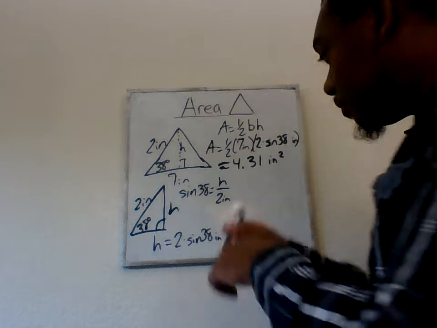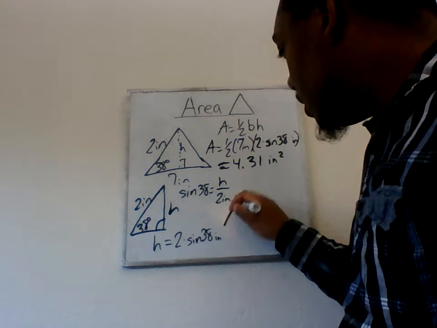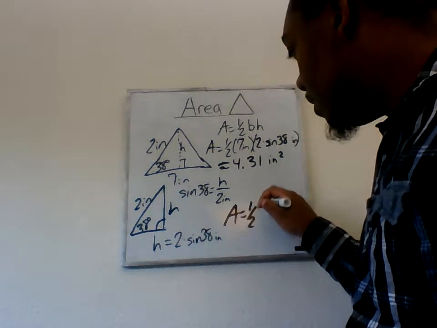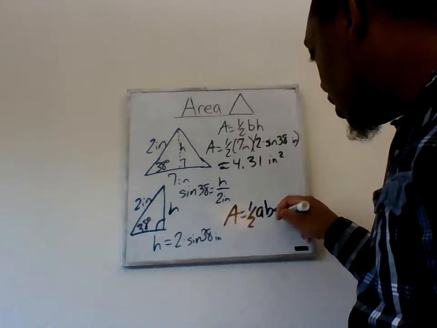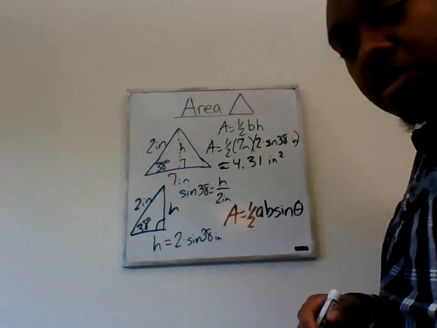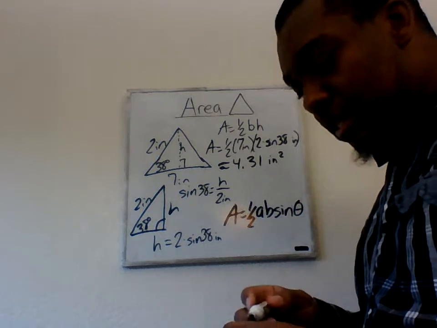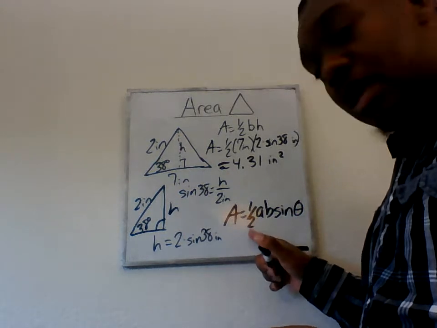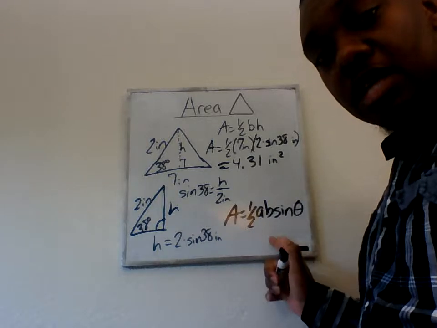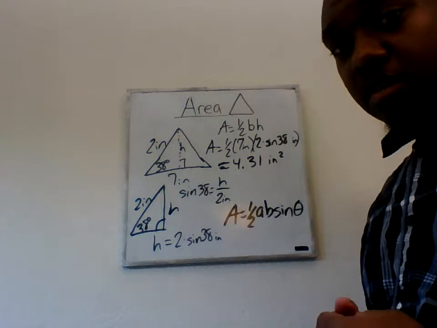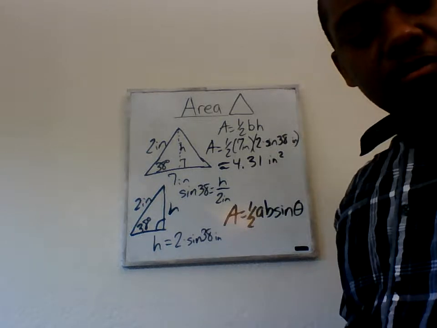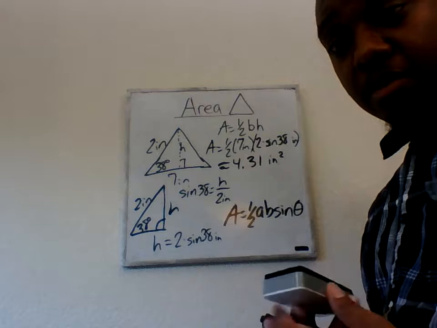And there is. And that is, the area is 1/2 the product of the two sides given and sine of the angle between it, which I'll call theta in this case. So the area will always be 1/2 the product of the two sides given times sine of the angle between them, every single time. So let's look at another example of this, shall we?